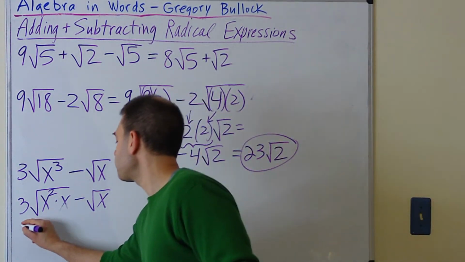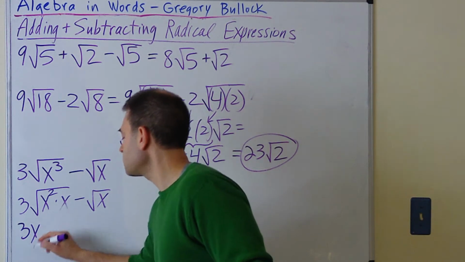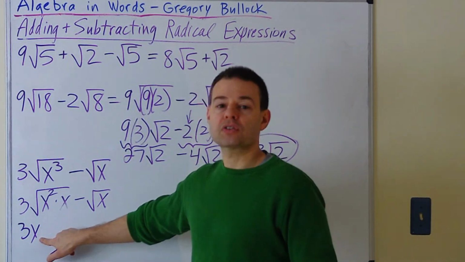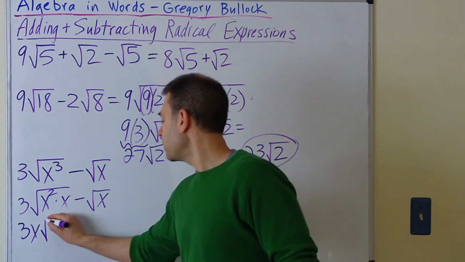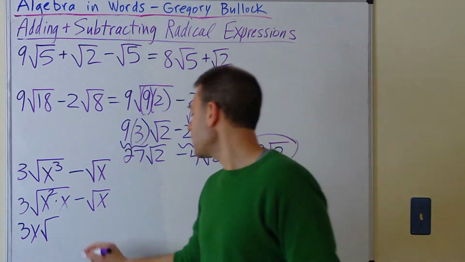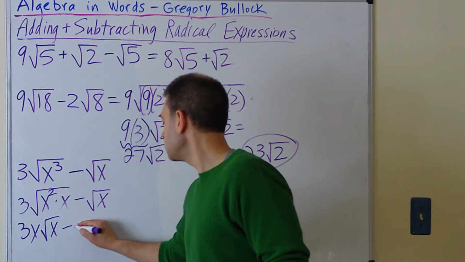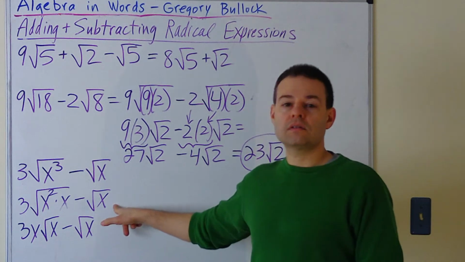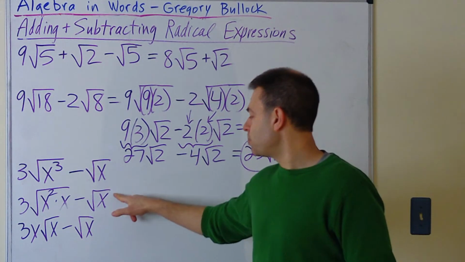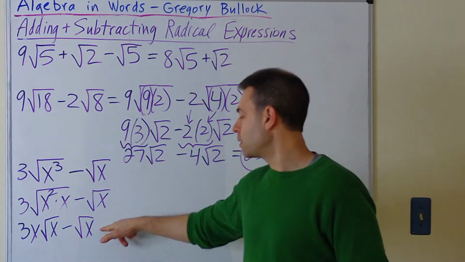So it's going to be 3x. This x came from the square root of x squared here. And the remaining radical is square root of x. And then we're just bringing down this minus square root of x.